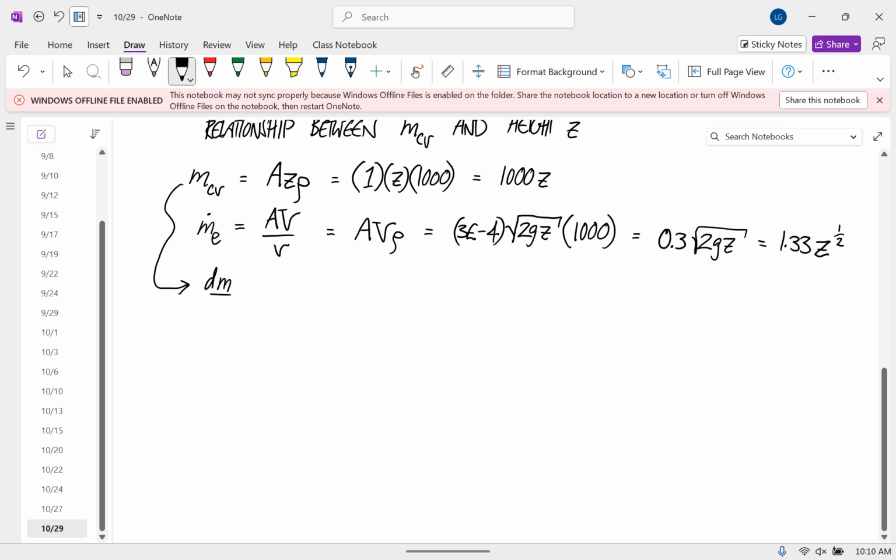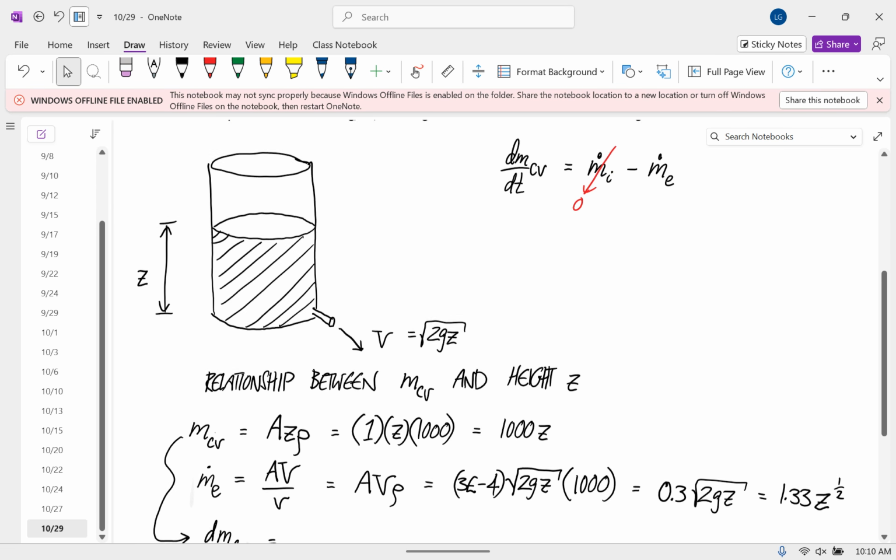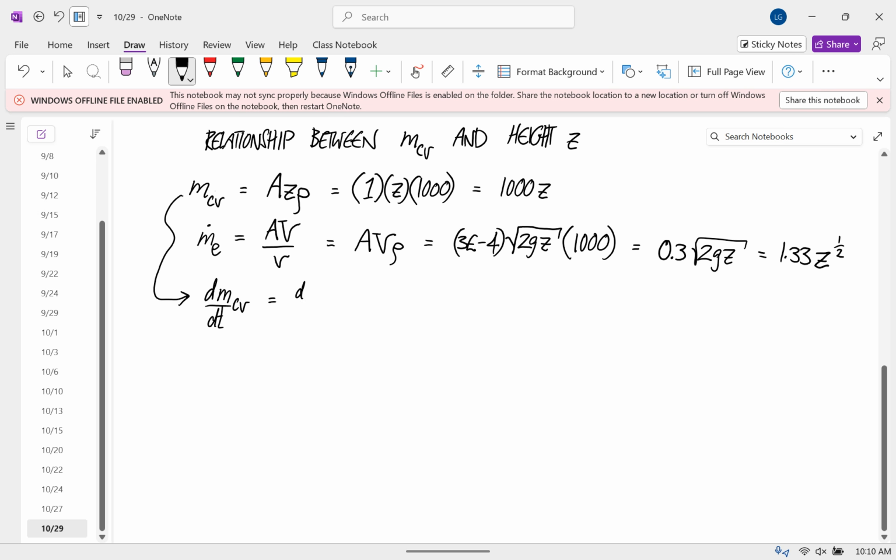So dm dt is d dt of 1000z. I wrote this wrong. This is the time derivative of 1000z. So d dt of 1000z. So that comes out to be 1000 dz dt.